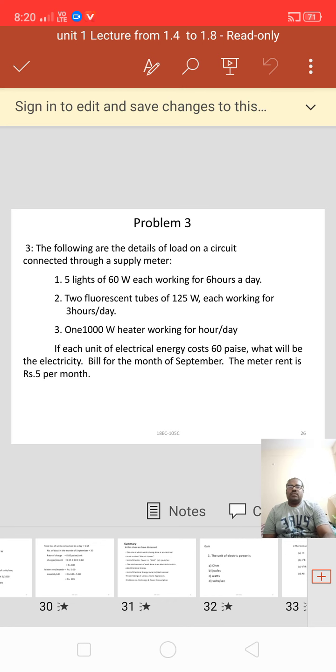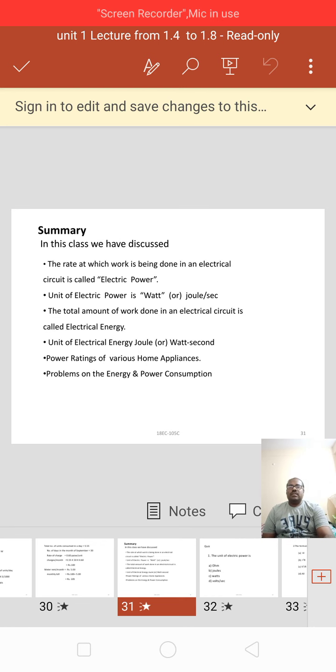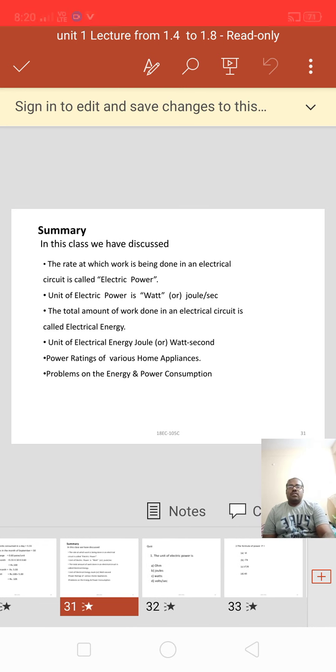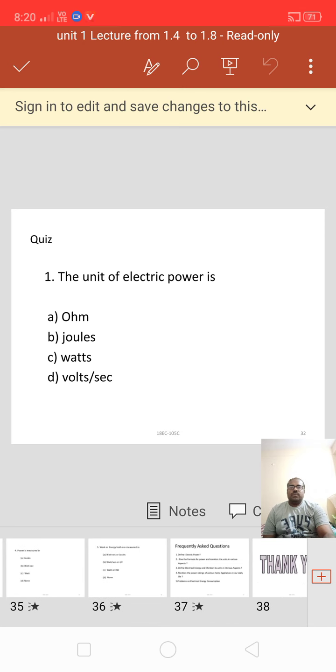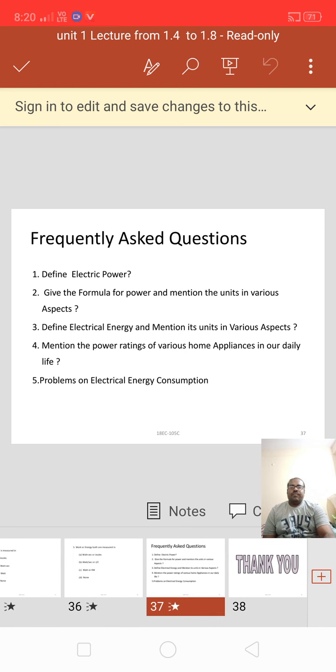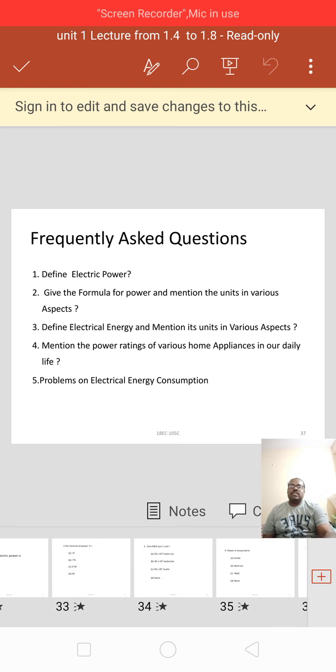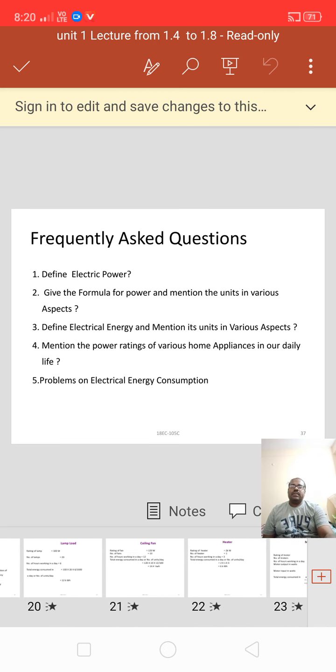We have three different problems, and a summary of the subject taught in this session, and a quiz, and frequently asked questions. This is the glance of this PPT.